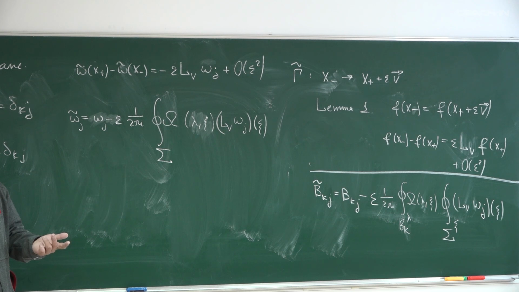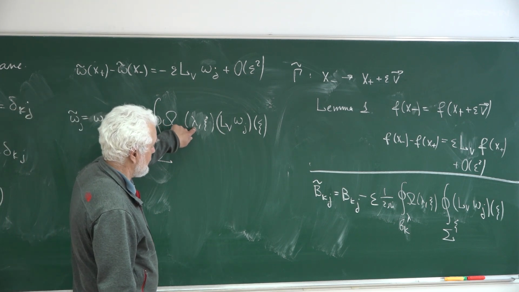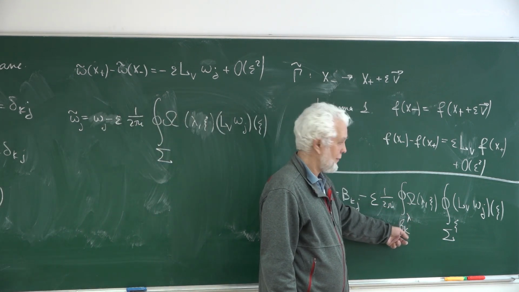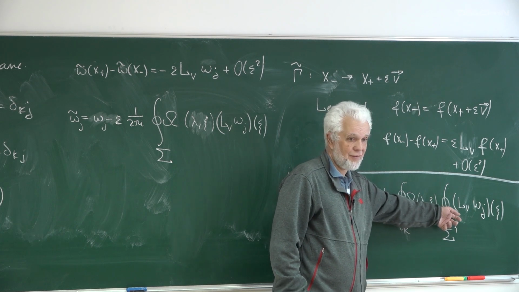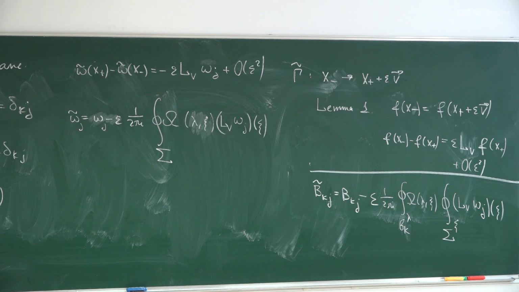Okay? So we have to integrate this by lambda over bk, and then we have this object. Agree? So is it clear? We simply deformed the form and we integrate the deformed form over the cycle bk.